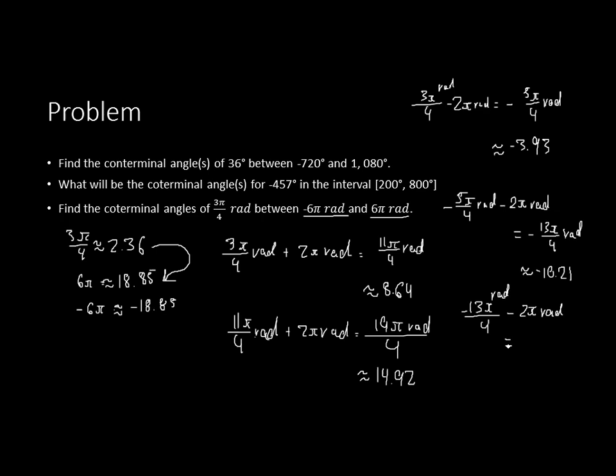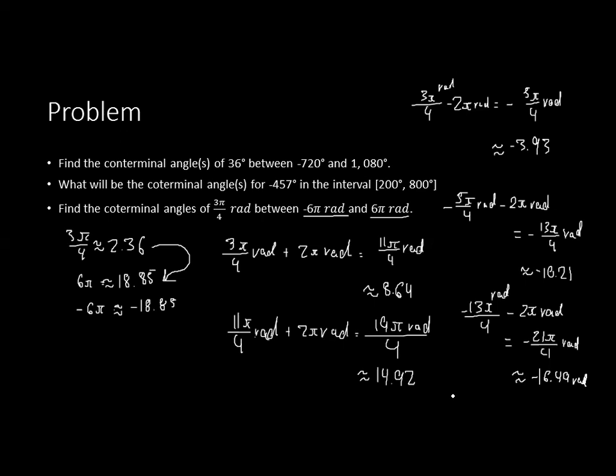So minus 2 pi, this would be negative 21 pi all over 4 radians, which is approximately negative 16.49 radians.